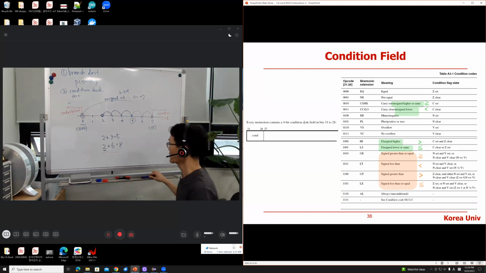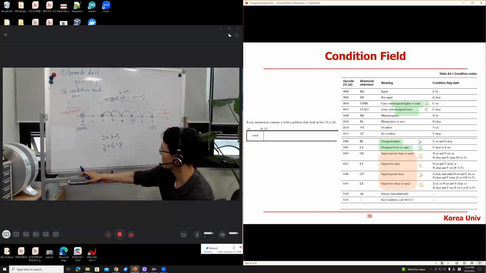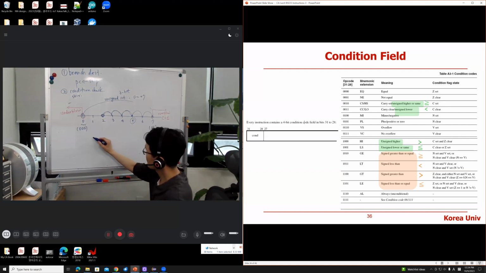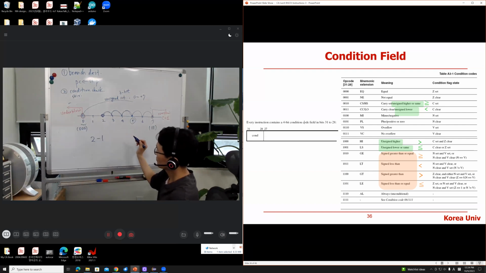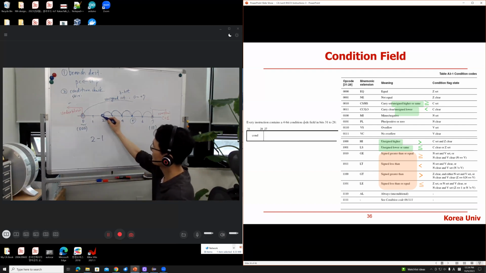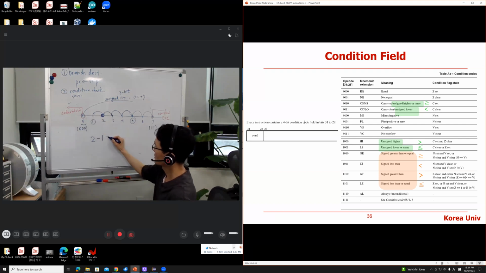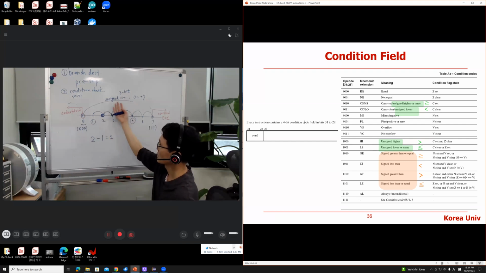Let me explain with an example. What if you do 2 minus 1? Starting from 2, you are moving 1 step backward. So that is the answer, 1. We don't have any problem, since the 3-bit computer can represent the number 1.